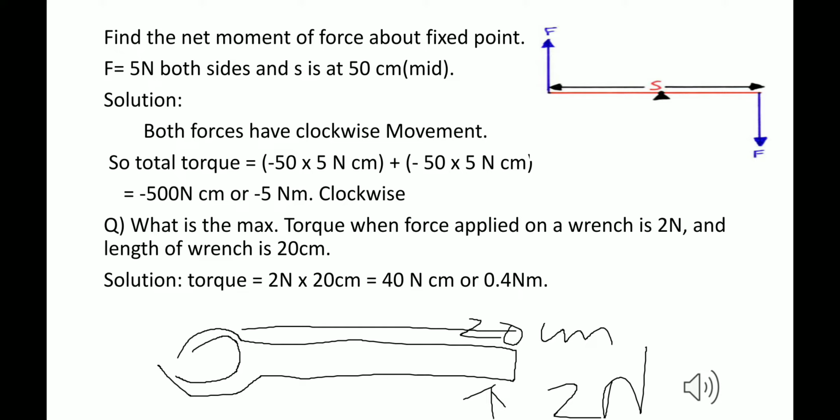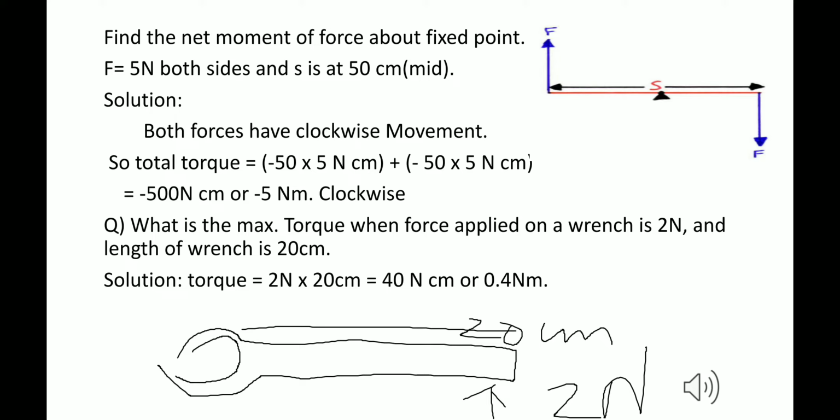So minus 50 into 5 Newton, that makes it minus 250 Newton centimeter. And then again minus 250 Newton centimeter, and both will be minus and minus, so the result will also be minus. So minus 500 Newton centimeter or minus 5 Newton meter clockwise. So minus means clockwise here, and the total moment of force is 5 Newton meter.